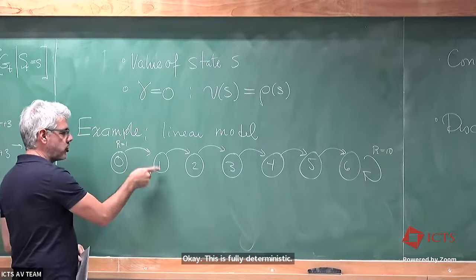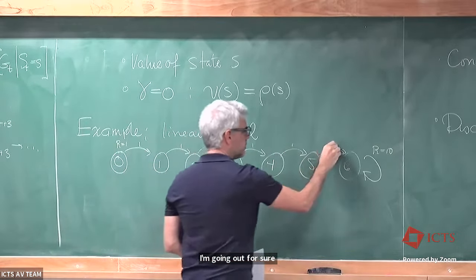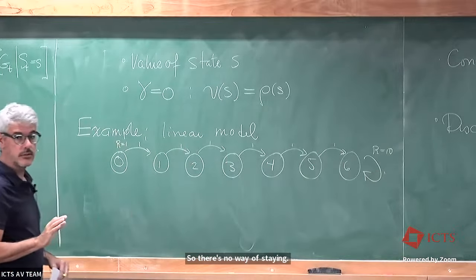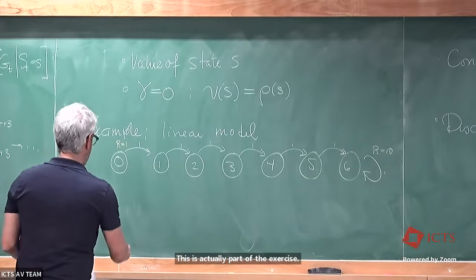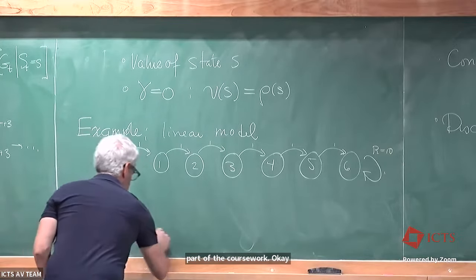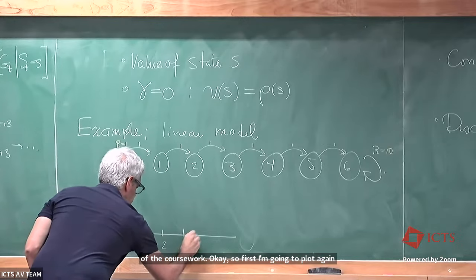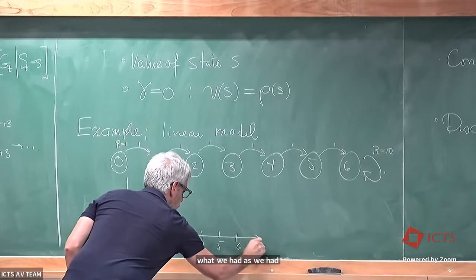I'm going out for sure. So these transition probabilities are all 1. So there's no way of staying. So this is really a trivial Markov chain. This is actually part of the exercise, part of the coursework. So first I'm going to plot again what we had as our rho.